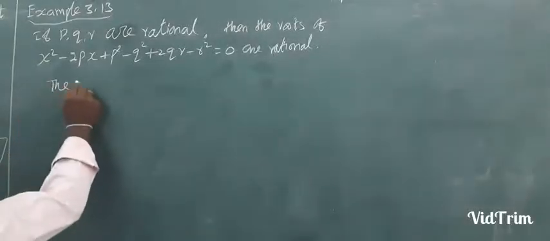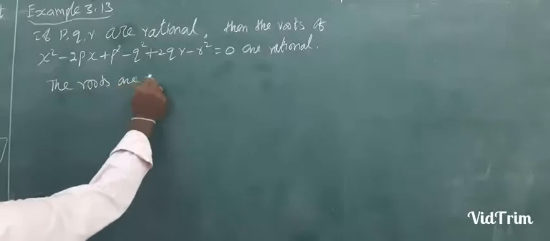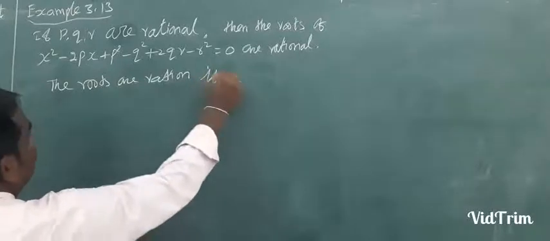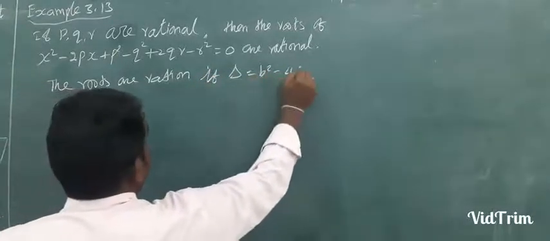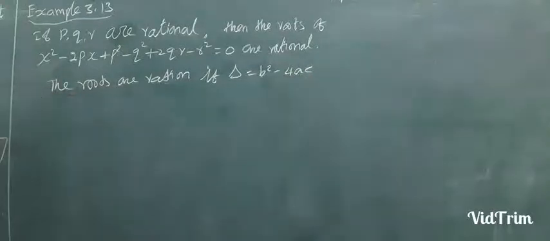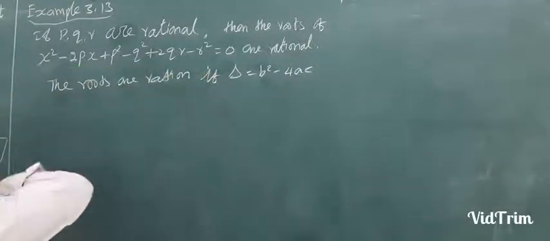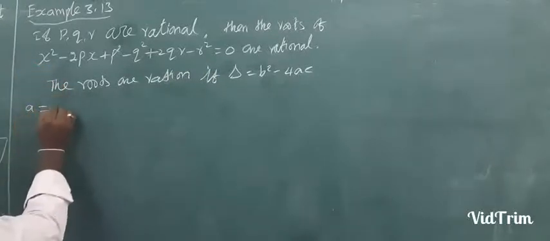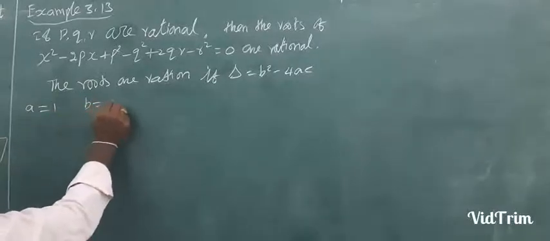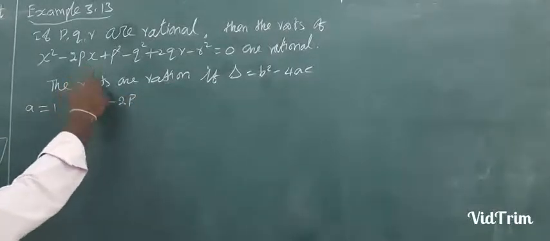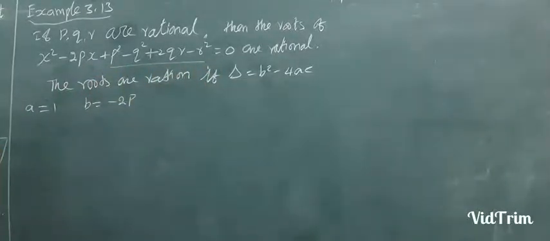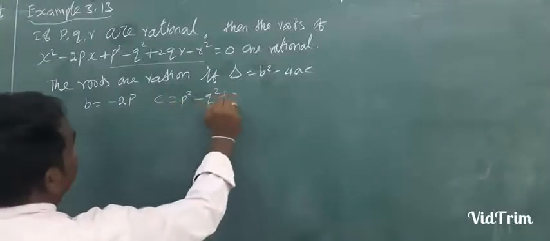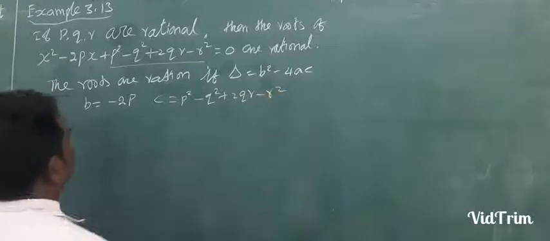The roots are rational if delta is equal to b square minus 4ac, that is the concept. Now we are going to find the delta of the given equation. We write a is equal to 1 and b is equal to minus 2b, the coefficient of x, and the last term as the constant c is equal to b square minus q square plus 2qr minus r square.